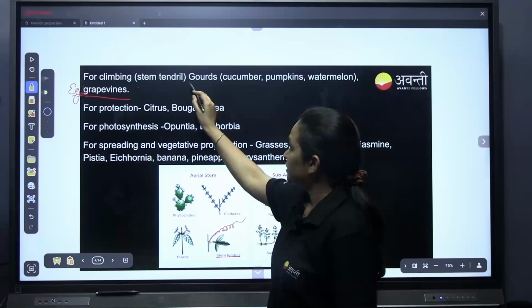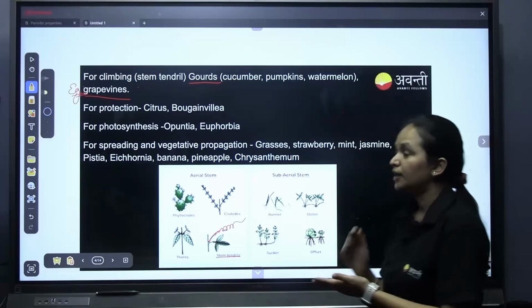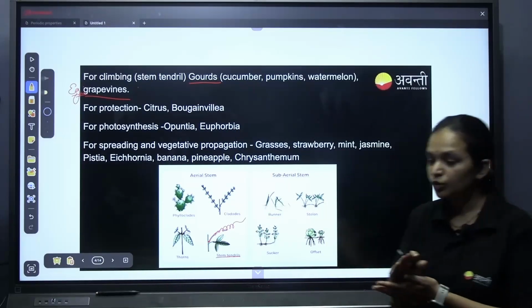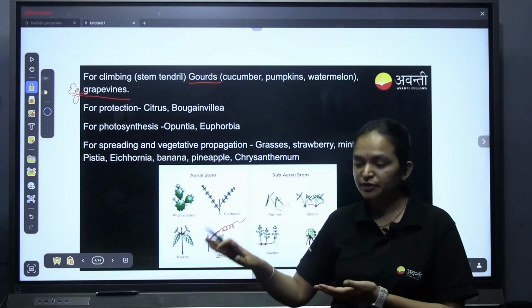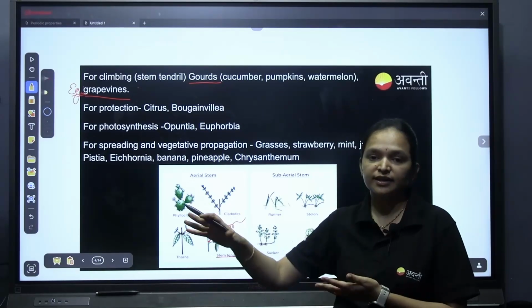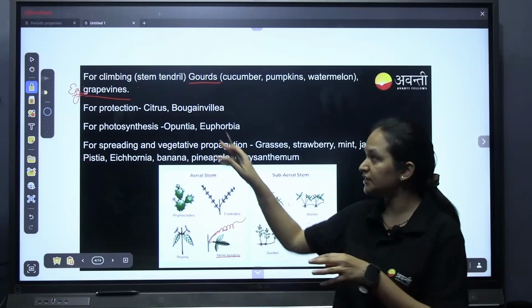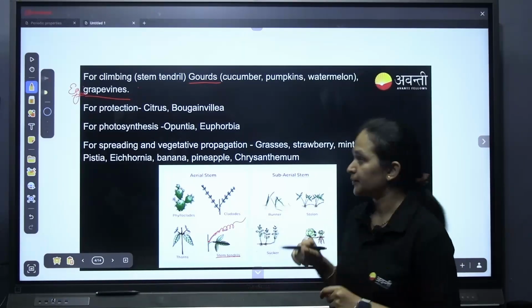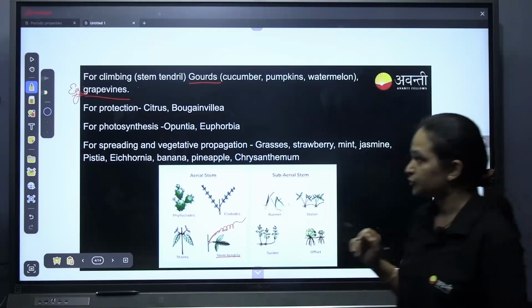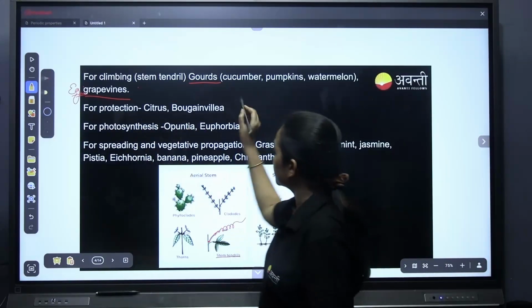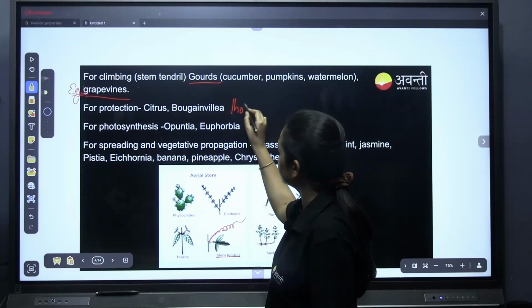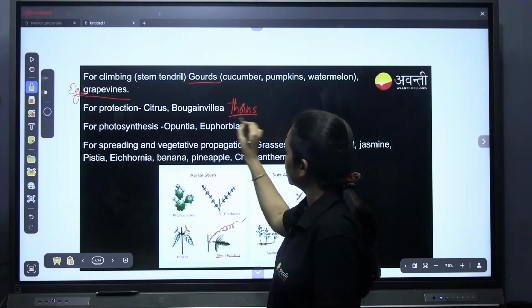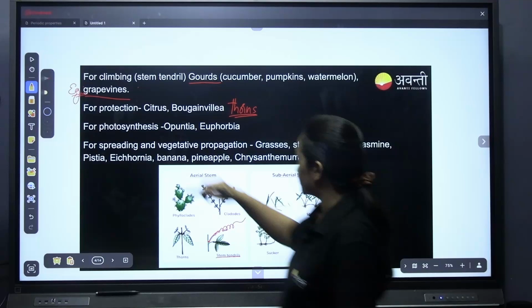Some other examples are gourds like cucumber, pumpkin, watermelon. These are also creepers, but even in creeping they take help of these stem tendrils for support. And coming to protection, thorns. You can see thorns in bougainvillea and citrus.